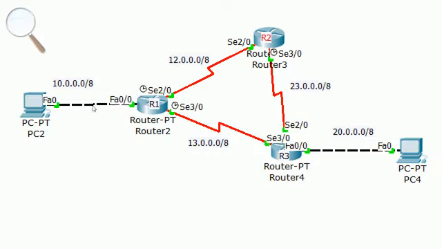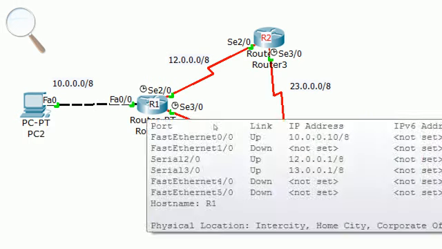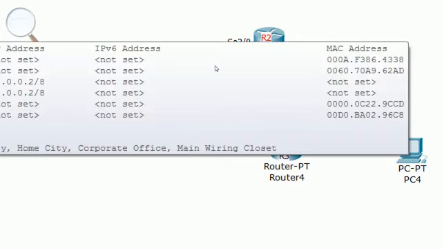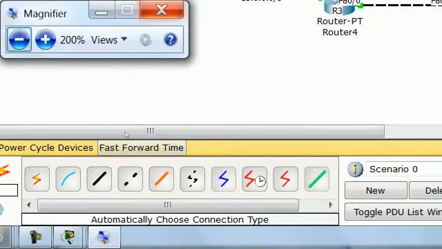Fine. Now we have to define routes. I will define two routes on R1, two routes on R3 and two routes on R2. Agree? By using the exit interface. I am on R1.